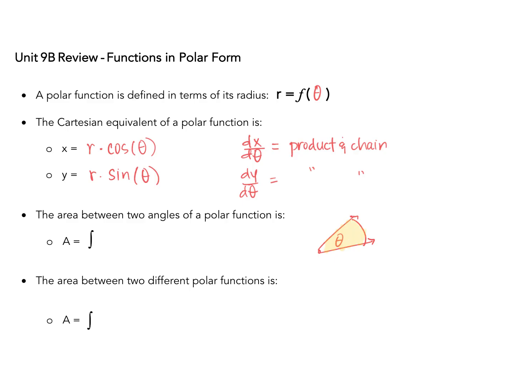Sometimes it's a nice circle, but a lot of times that radius is wavy and it's loopy all over the place. So the area is going to go from theta 1 to theta 2. So maybe it'll be from 0 to pi halves, or it's from two different radian measures.